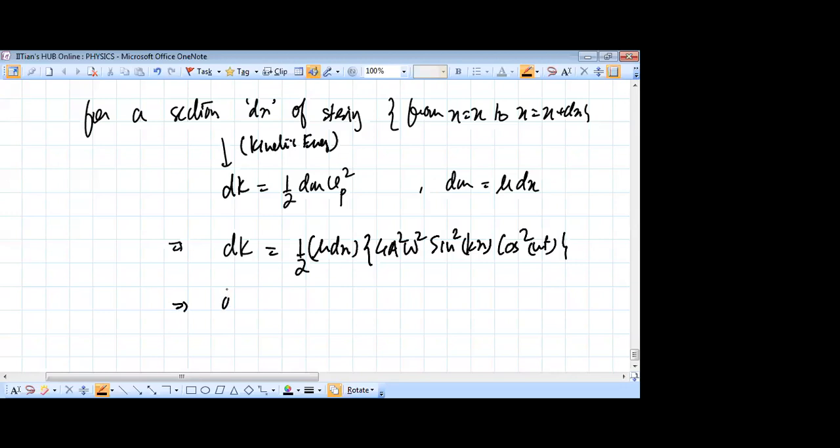So that kinetic energy is, sine square kx dx cos square omega t.